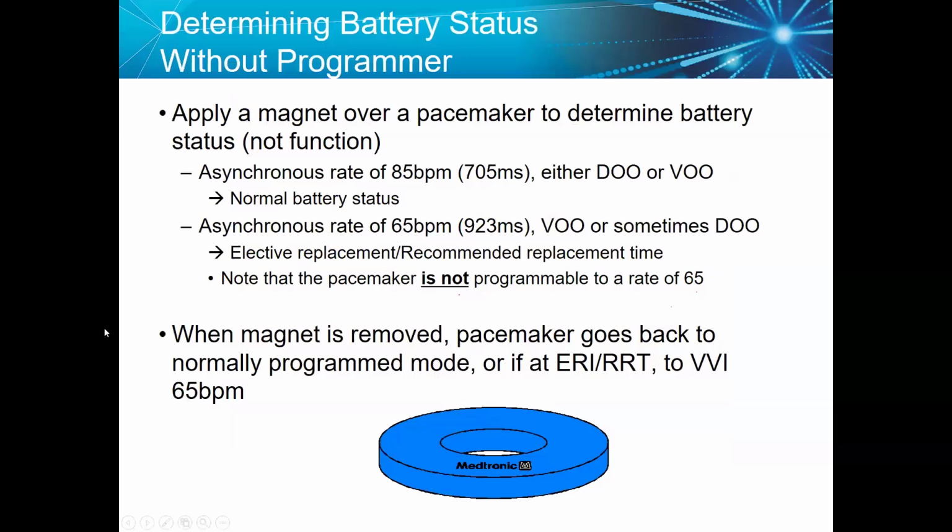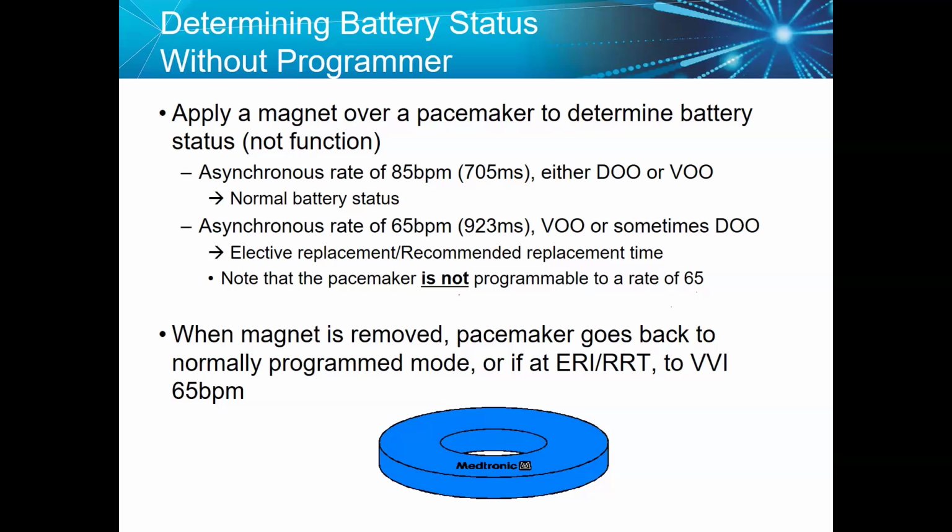Then can we determine the battery status without a programmer? Yes, of course, with a magnet. And every company has its magnet rates that give you an indication about the pacemaker longevity or life, according to the pacing rate when you put a magnet over the device.